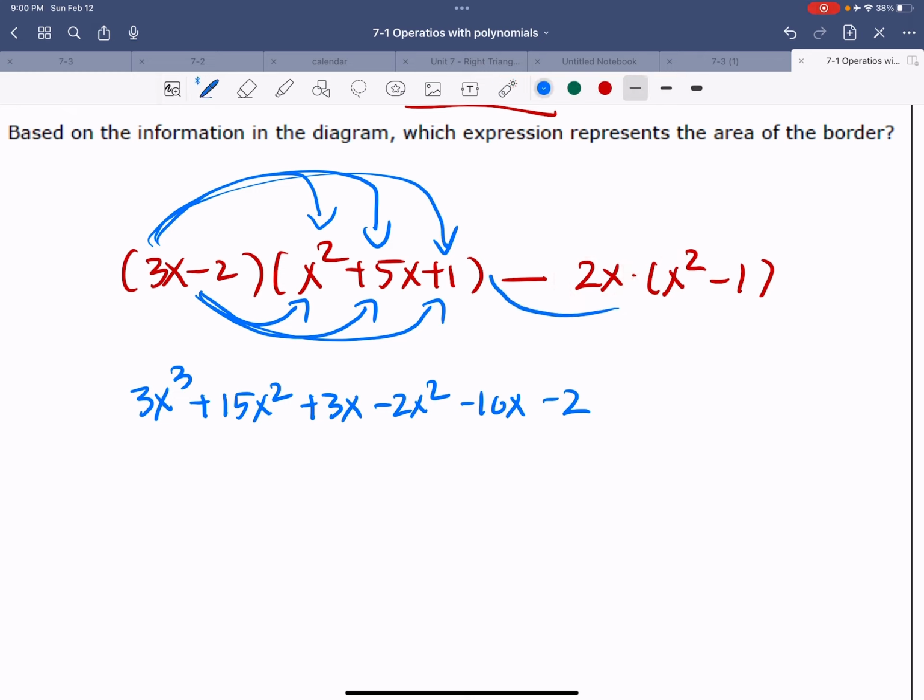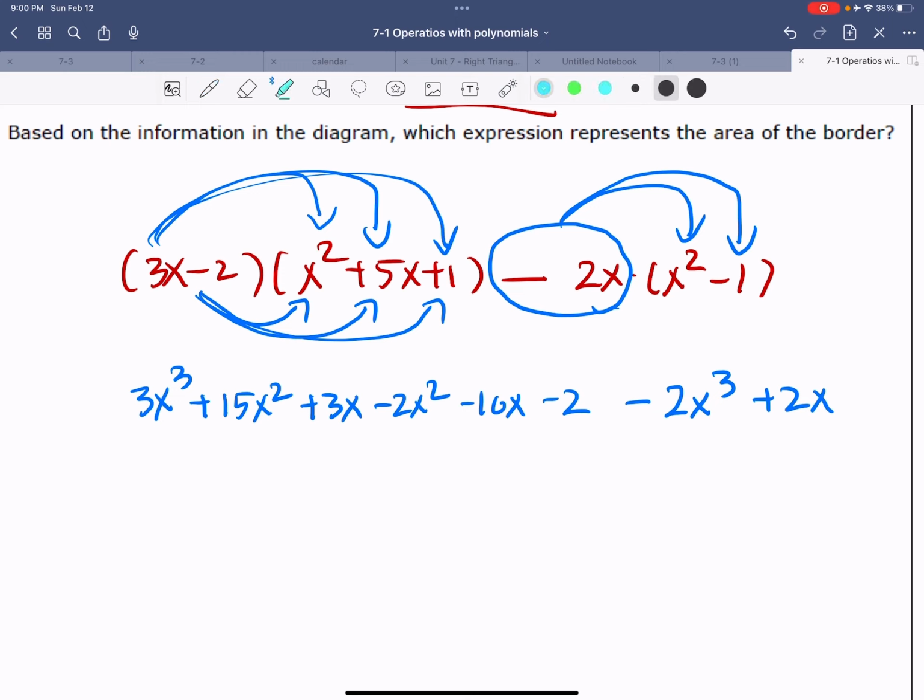So I'm going to consider this one as a negative. So I'm going to distribute this whole thing. So it's going to be negative 2x times x squared is negative 2x to the third power. Negative 2x times negative 1 is positive 2x. Okay, like this easy. It's very simple.